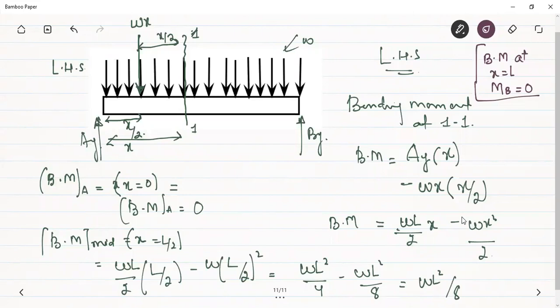Is it clear up to this point? Do you want to ask anything anywhere? Where? Here? Okay. Omega by 2 times the square of L by 2.